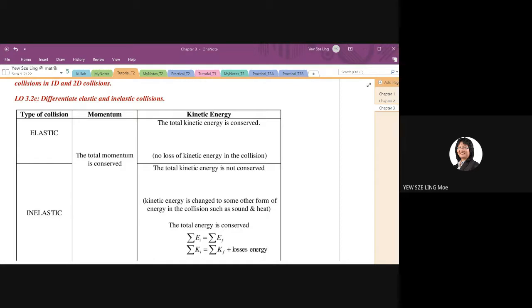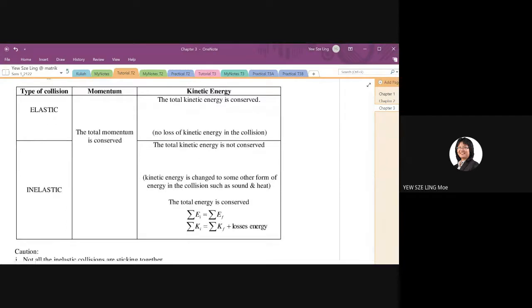So the equations that you need to put in your notes are here. For an elastic collision, the momentum is always conserved, so total P initial equals total P final. And when it comes to kinetic energy, like I told you last week, how do we differentiate which one is an elastic collision and which one is inelastic?